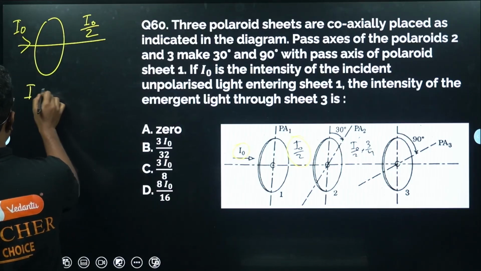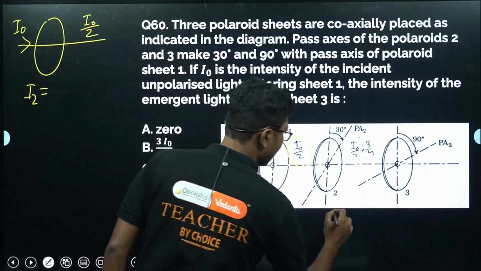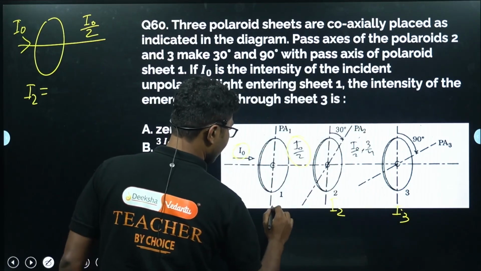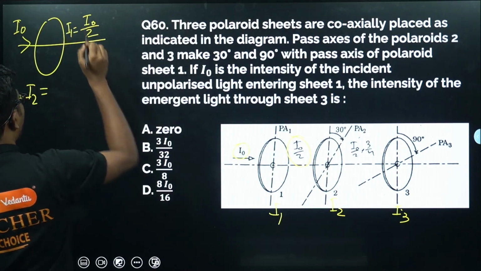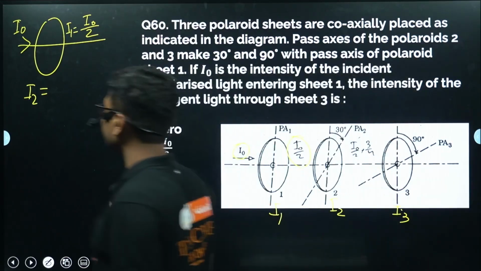So for this one say I2, this one say I3, this one say I1. So I1 is just half of the incident radiation. Always I1 is half of the incident radiation.